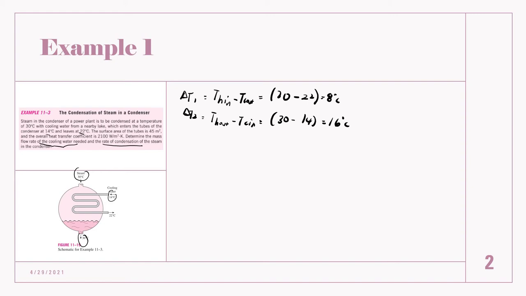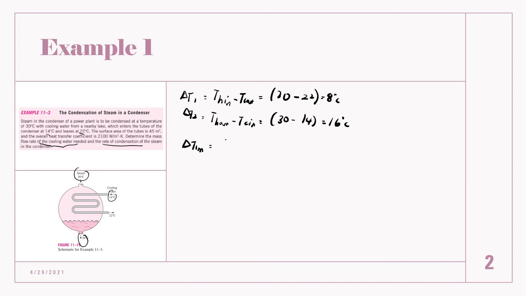After obtaining these temperature differences, we need to calculate the log mean temperature difference, delta T LM. If you forget the formula, you can refer back to my previous video or my slide.